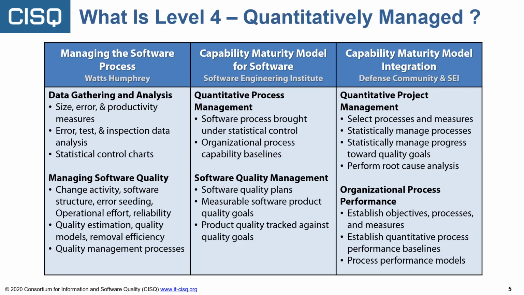The biggest change here was when you look at CMM 1.1, the split we made was between quantitative management of the process and quantitative management of quality. When they developed CMMI, they changed that split to be a split between things done at the project level and things done at the organizational level. A lot of the same content, but just a different way to represent it.